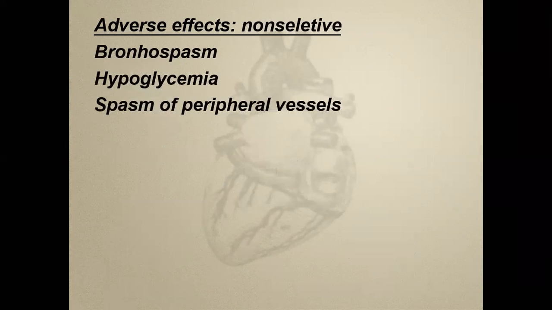For non-selective beta-adrenergic blockers, maybe other side effects. Bronchospasm, because non-selective beta-adrenergic blockers block beta-2 adrenergic receptors too. Maybe hypoglycemia as a result of blockade of beta-2 in the liver, and maybe spasm of peripheral vessels.